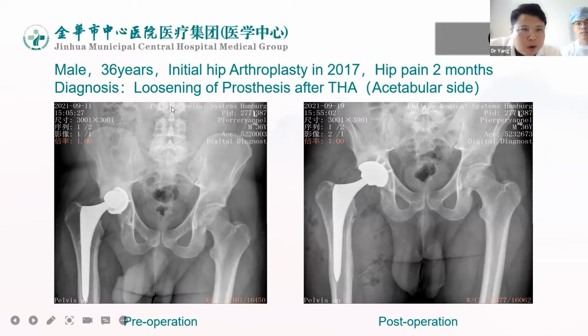After 2 months, he felt the leg was shorter than the normal side. The diagnosis we gave was loosening of the prosthesis after THA. We can see the stem is good, so we consider the acetabular side is loosening.